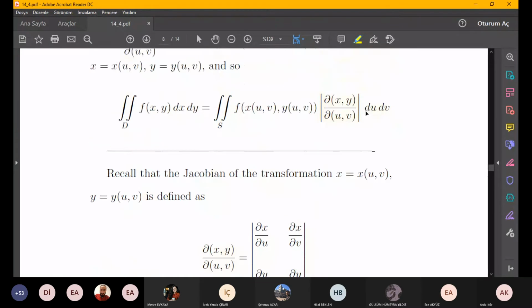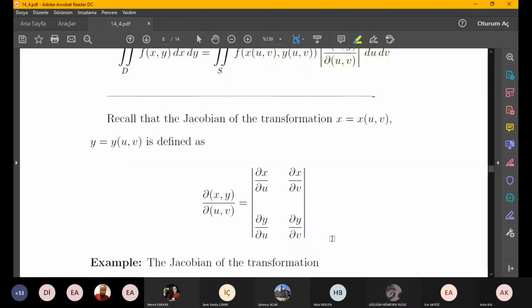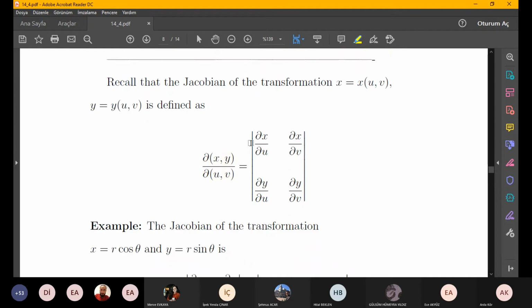So the Jacobian determinant, if we remind it again, is the determinant of a 2 times 2 matrix with first row partial of x with respect to u and partial of x with respect to v, and second row partial of y with respect to u and partial of y with respect to v.